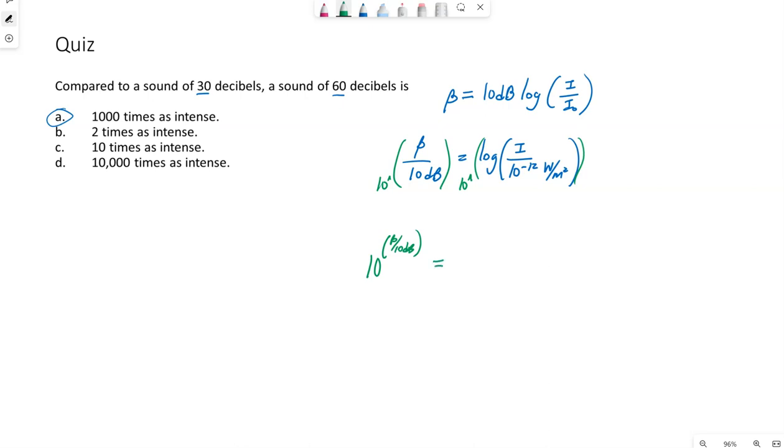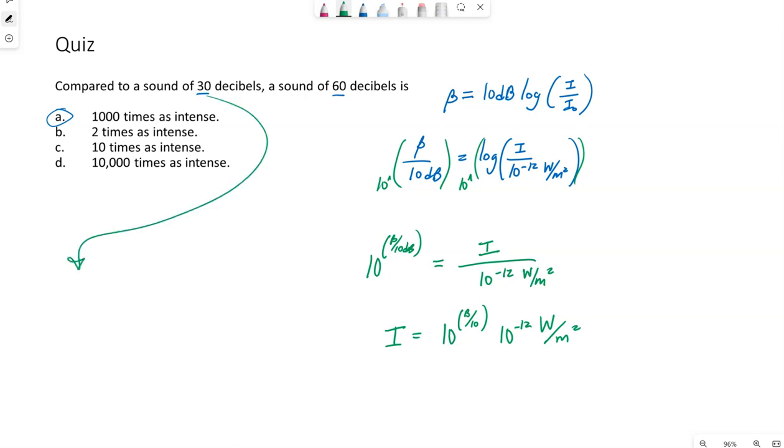On the right side, we end up with the intensity that we're solving for, what it is we're listening to, divided by 10 to the negative 12 watts per meter squared. So the intensity we're listening to will be 10 to the beta over 10 number times 10 to the negative 12. Our units will be watts per meter squared.